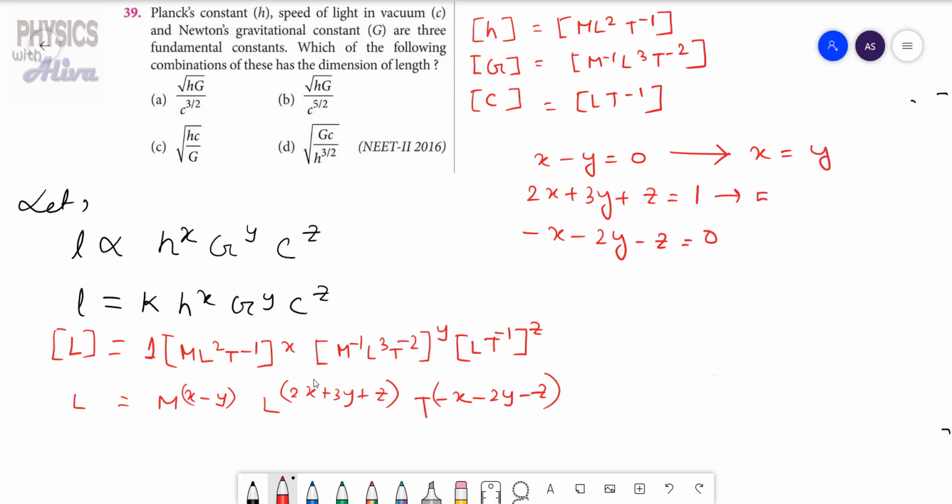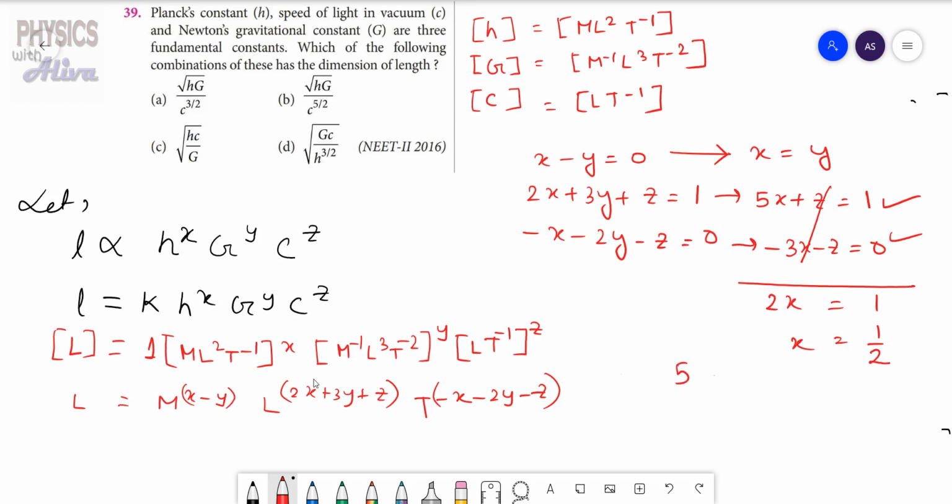So here we will get 5x plus z equals 1, and here we get minus 3x minus z equals 0. Okay, now we can add these two equations. Adding these two equations, z cancels. We get 5x minus 3x, that is 2x, equals 1. So x is equal to half.